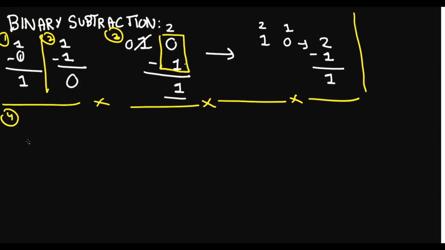Now, for example, let's say I have a question that is 0, 1, 0, 0, 0, 1, and I need to work on the binary subtraction of this. The first thing we can discuss right here is the denary value of this.